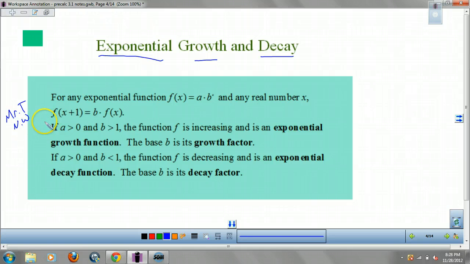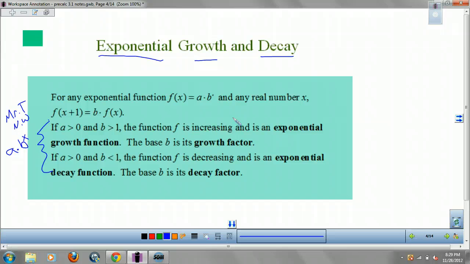You're not gonna like this, but right here, if you have some a times b to the x, if your b is greater than 1, it's increasing, and it's called an exponential growth function, and that's a growth factor. If it's less than 1, it's a decay, and your b is a decay factor. So go ahead and take a moment and write this.